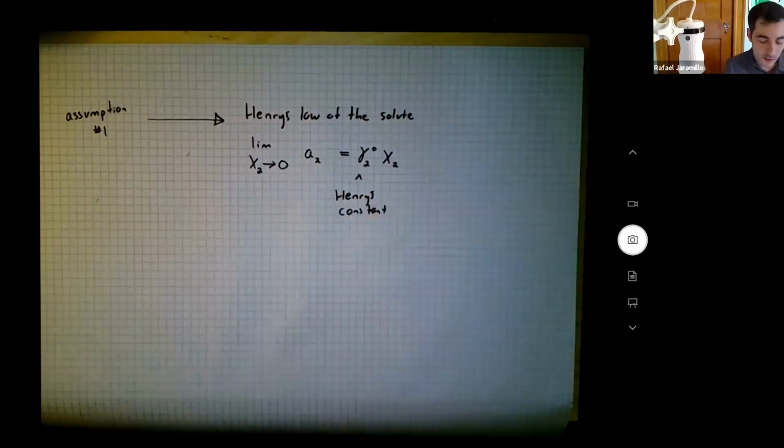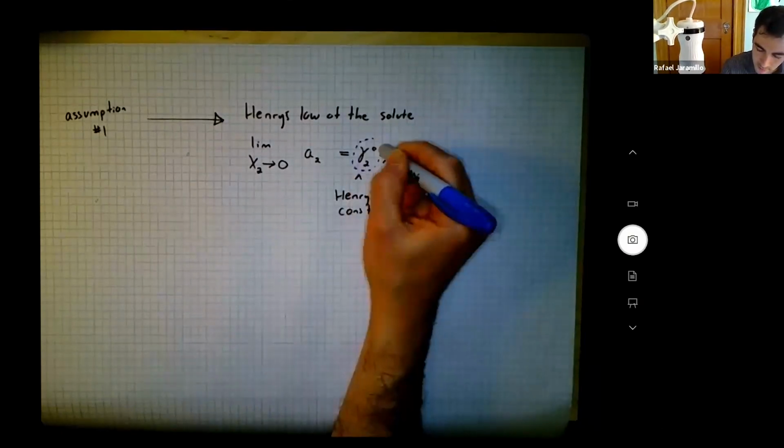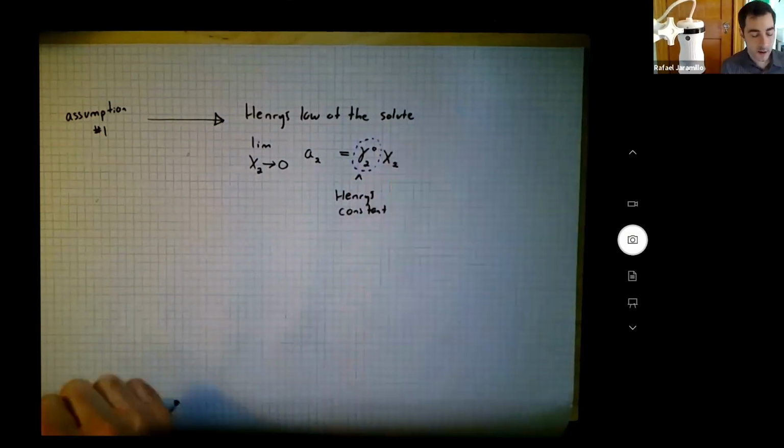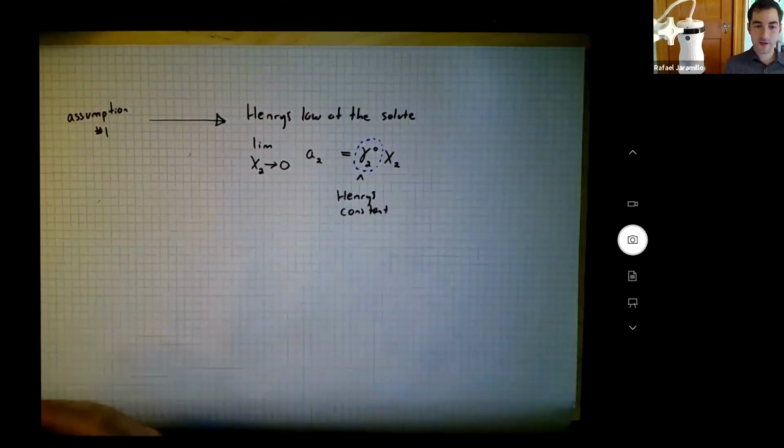This mathematical form results in what we want, which is that thermodynamically, each additional solute molecule thinks it's the only one in the forest.